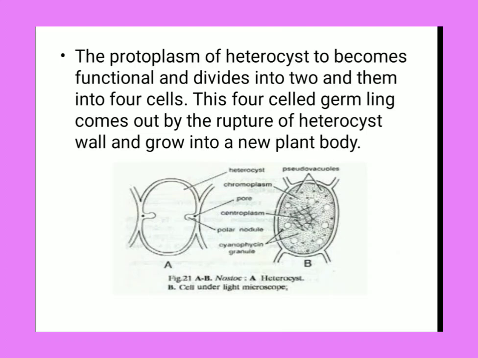These four cells germinate, rupture the heterocyst and its wall, and grow into new plants. For example, this is one cell of the heterocyst, and it divides into two cells, then into four cells, and they grow into the new plant body.